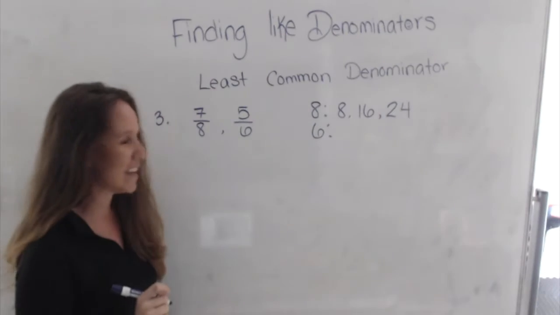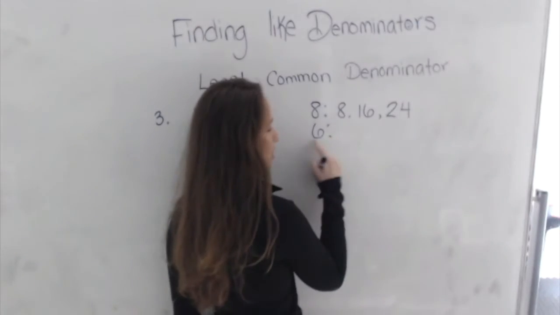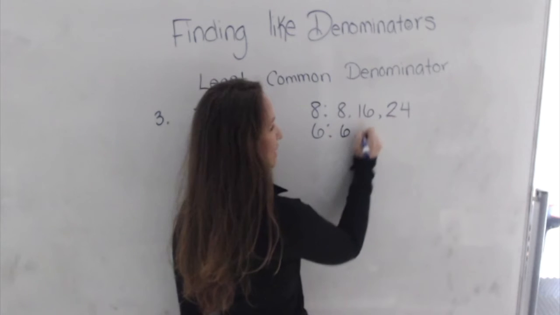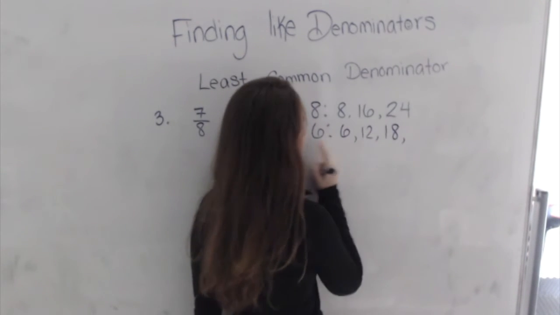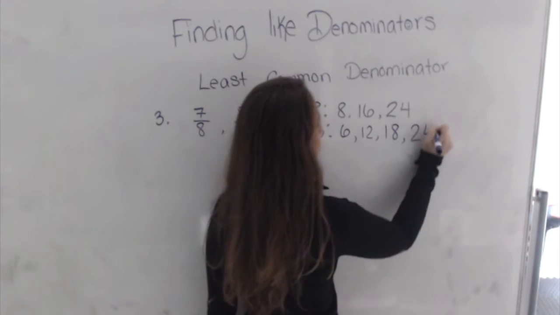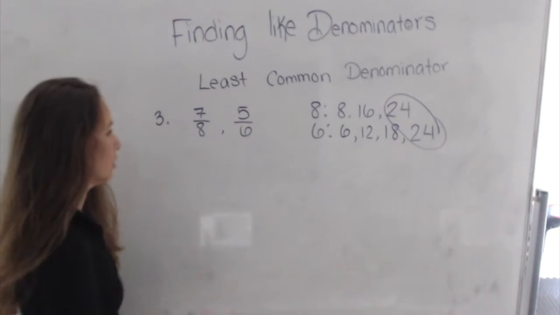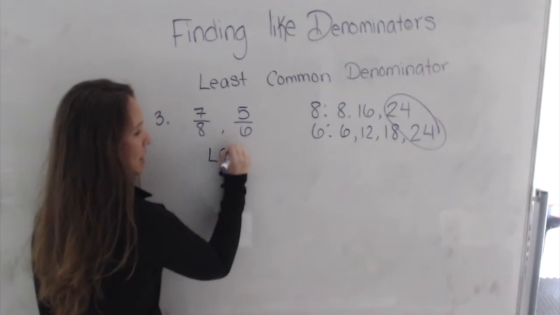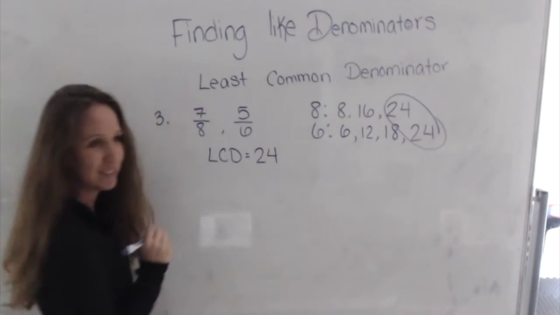For those of you that said yes, you're right, because 6 times 4 is 24. So let's do 6 times 1 is 6, 6 times 2 is 12, 6 times 3 is 18, and 6 times 4 is 24. Take a look, we got the same number here. So my least common denominator is 24.